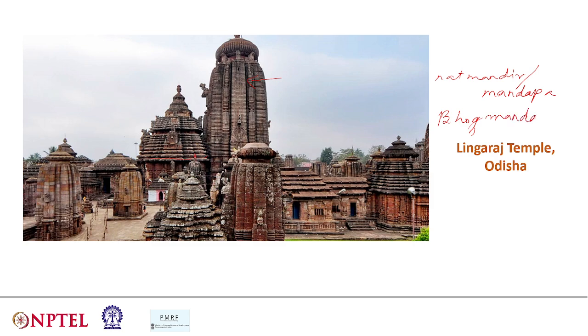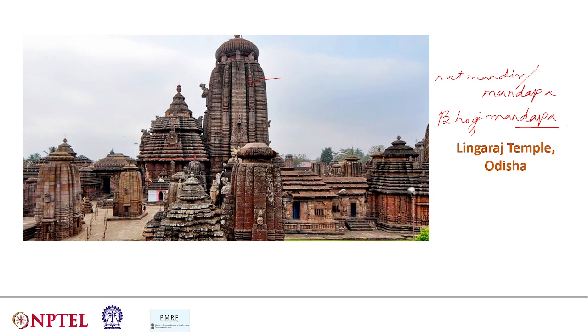Okay, so as I said, mandapas can be only one, or they can be in multiple numbers as well. For example, in Kandariya Mahadeva, we did see that there is this big Mahamandapa, and in front of that there are two more mandapas.